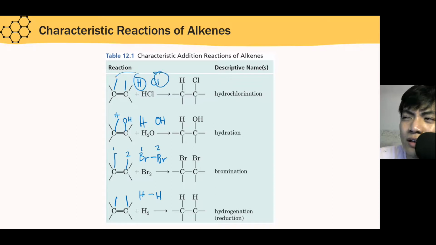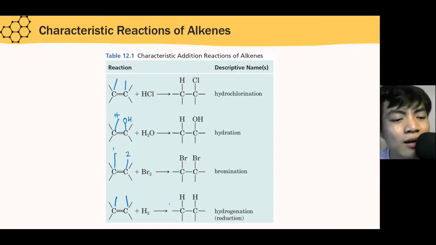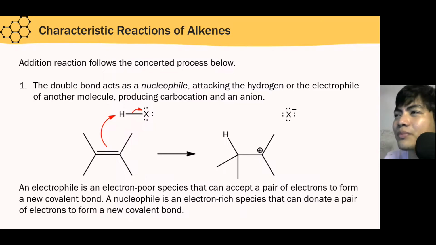Why is this connected to that? The reaction mechanism will show that. So again, the reaction mechanism is just a way of showing the exact swapping of atoms in the chemical reaction.